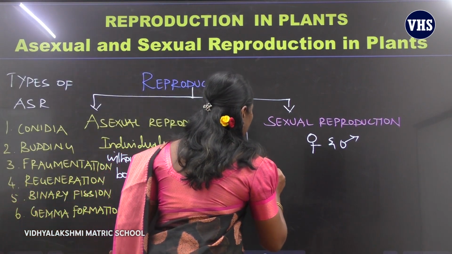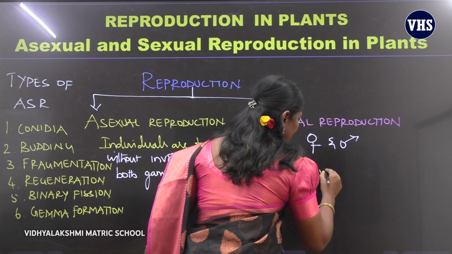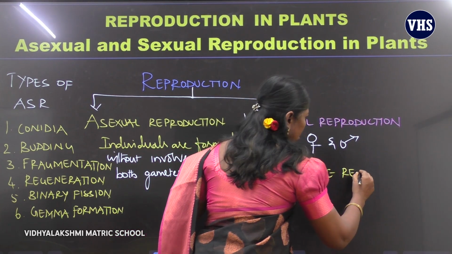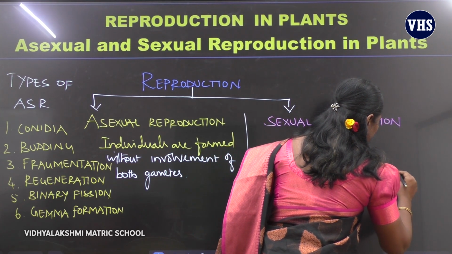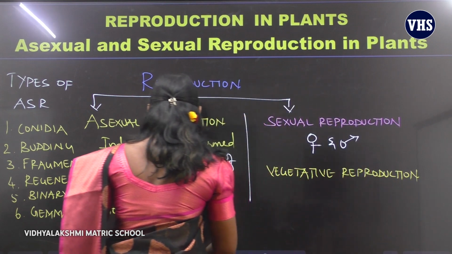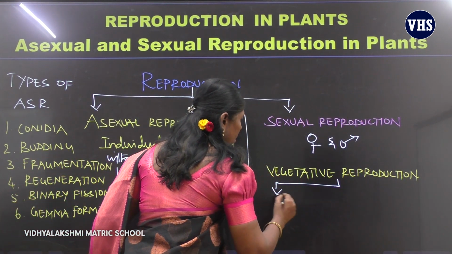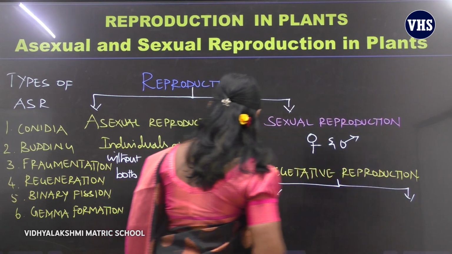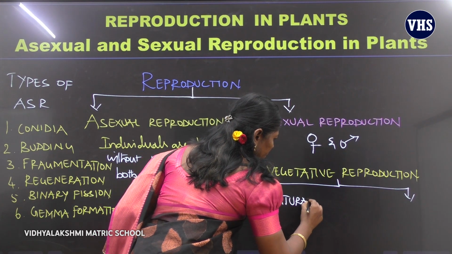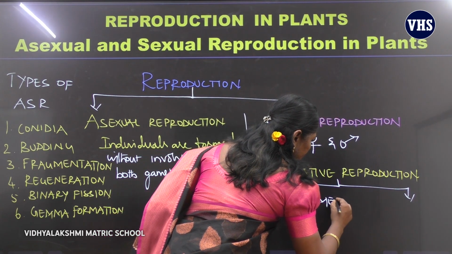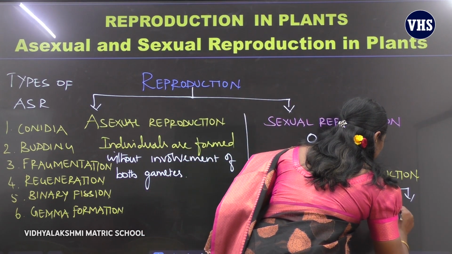So what are the types in vegetative reproduction? Vegetative reproduction is divided into two: one is natural methods, and another one is artificial method.